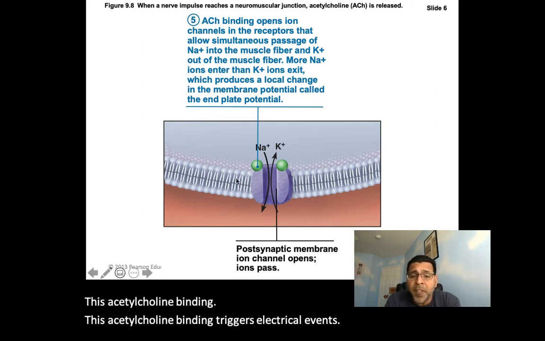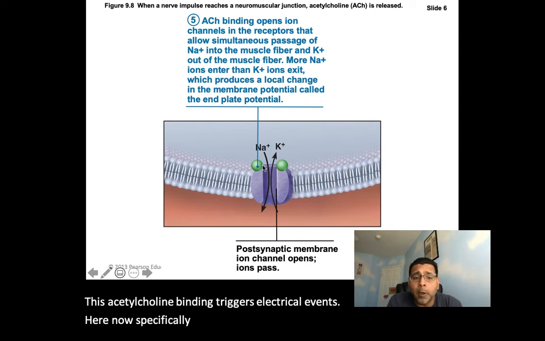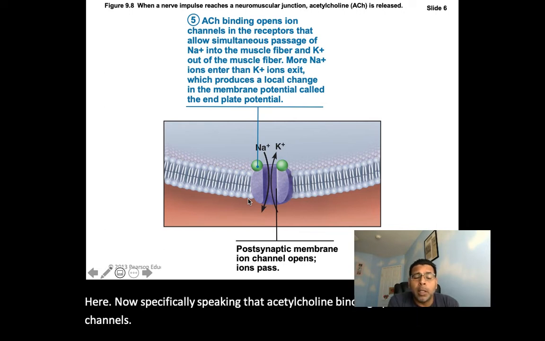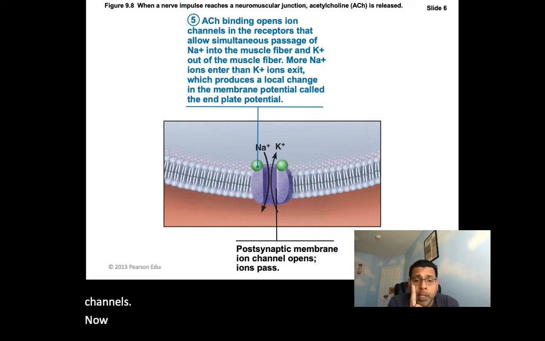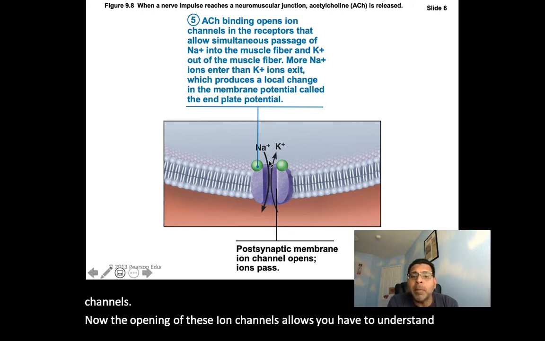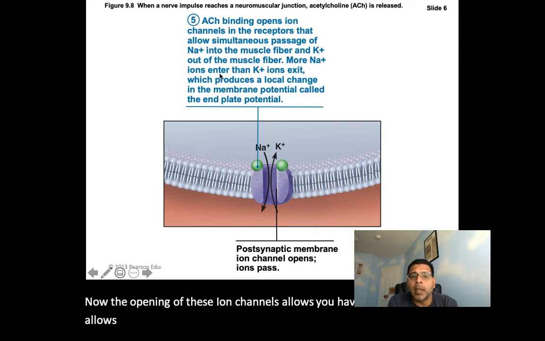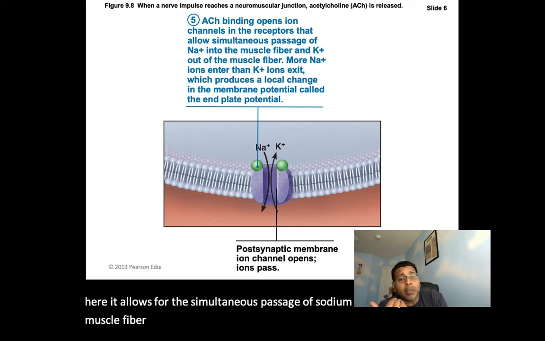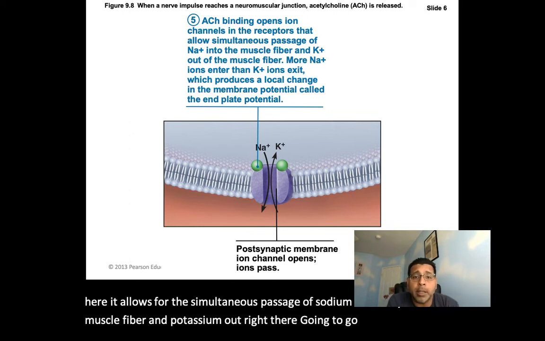Here now, specifically speaking, that acetylcholine binding opens ion channels. Now, the opening of these ion channels, you have to understand, allows for the simultaneous passage of sodium, obviously, into the muscle fiber and potassium out, right? They're going to go down their concentration gradients.